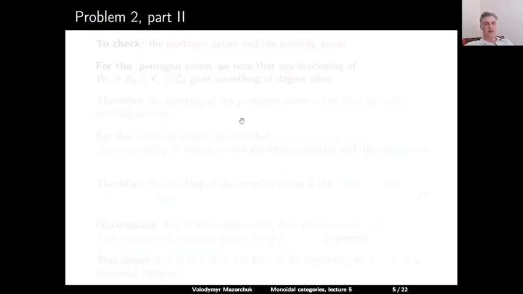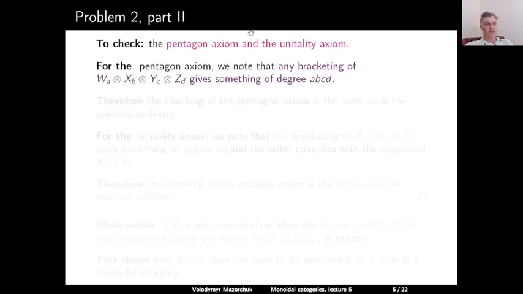So again, we need to check the axioms for a monoidal category. We need to check the Pentagon Axiom and the Unitality Axiom. Since each graded vector space is generated as a vector space by its homogeneous components, it's enough to check all the axioms for homogeneous elements.